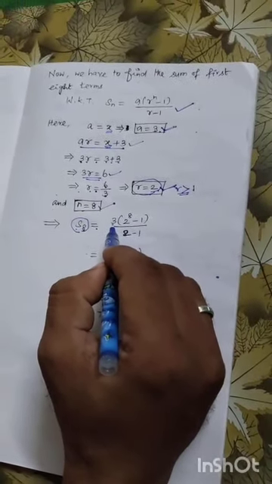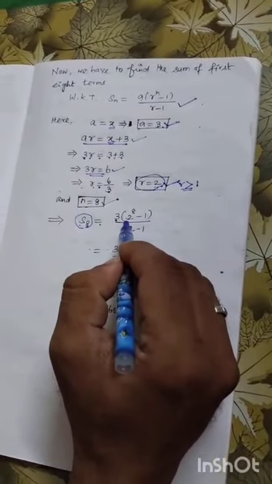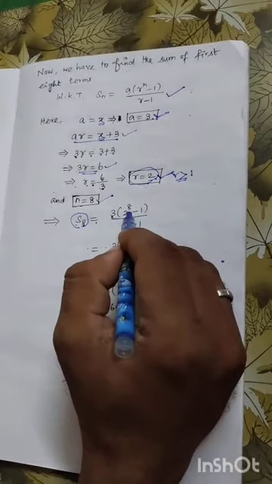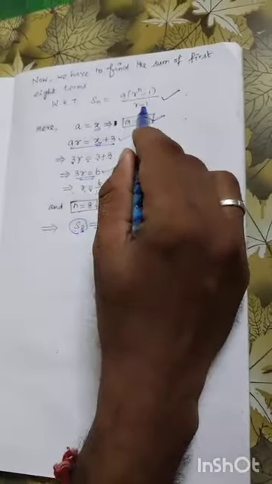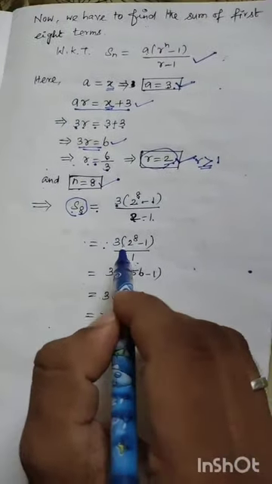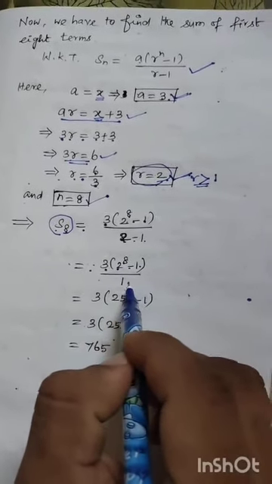So a equal to 3 into r is 2, 2 power n, which is 8, so 2 power 8 minus 1 divided by 2 minus 1. That is equal to 3 into 2 power 8 minus 1, and 2 minus 1 is 1.